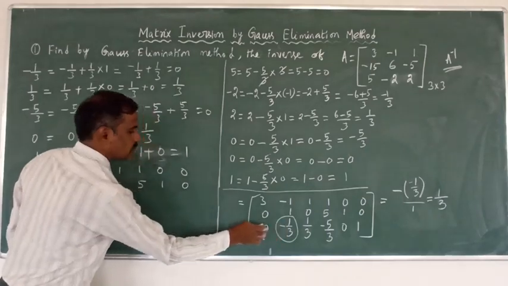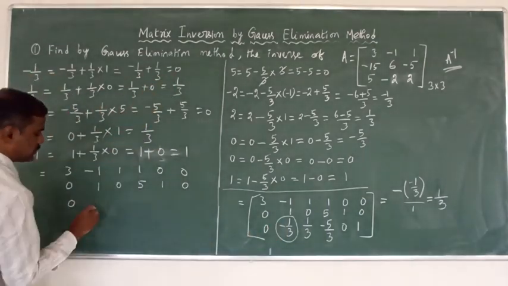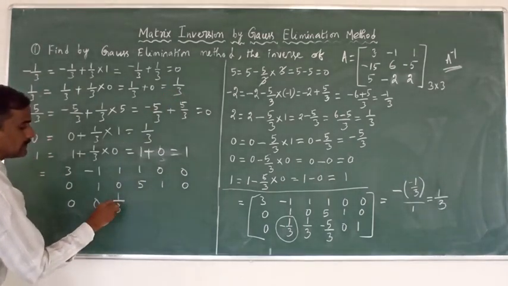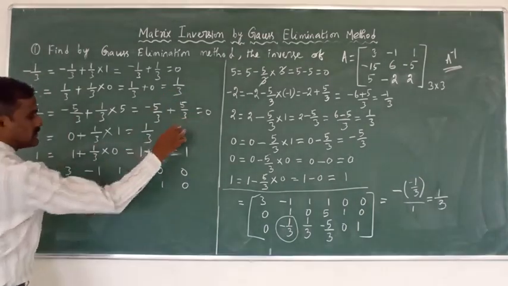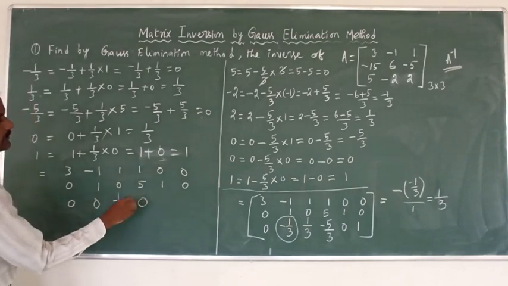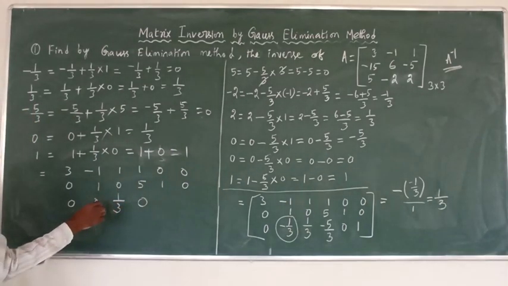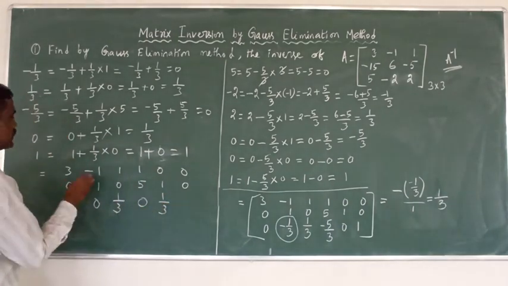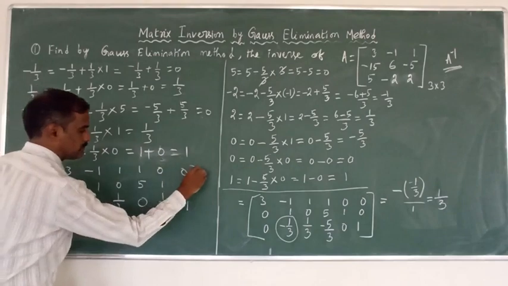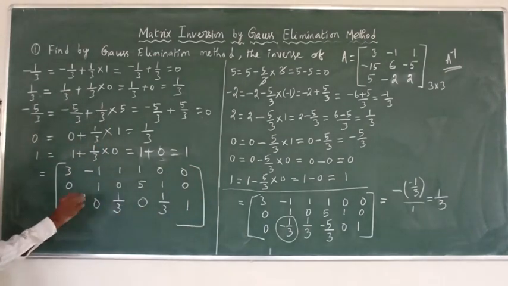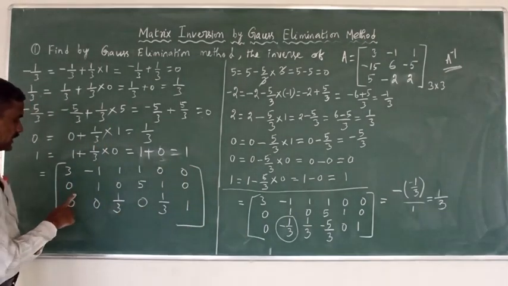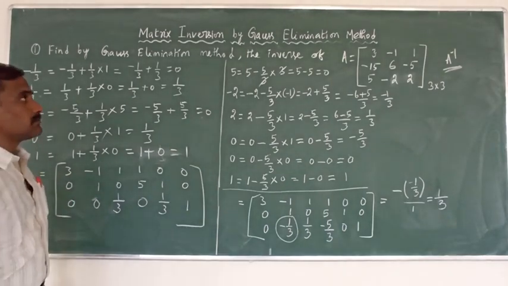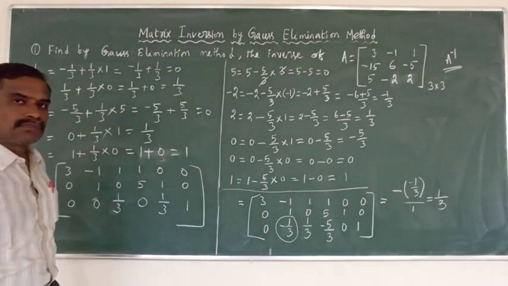Instead of minus 1 by 3 value 0, 1 by 3 value 1 by 3, and minus 5 by 3 value 0, and 0 value 1 by 3 and 1 value 1. Here A2, A21, A31, A32, all the 3 terms are 0 by using the Gauss elimination method.